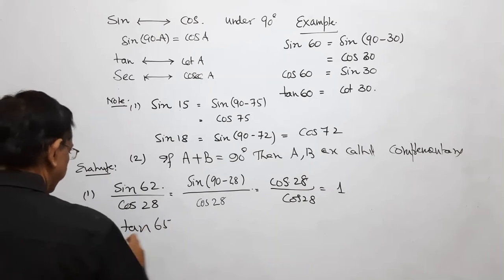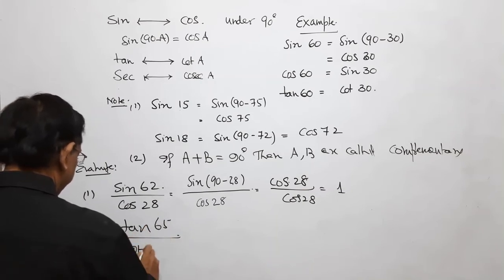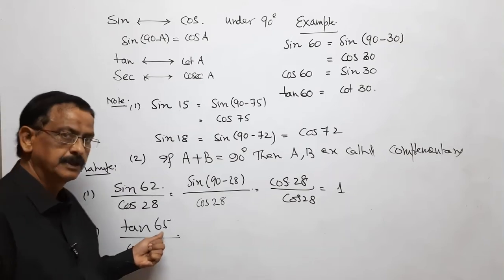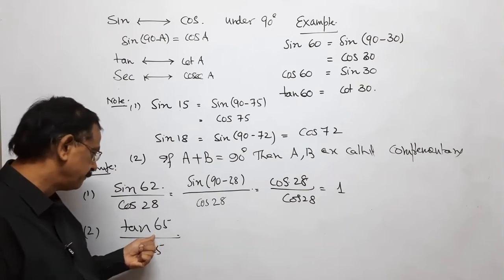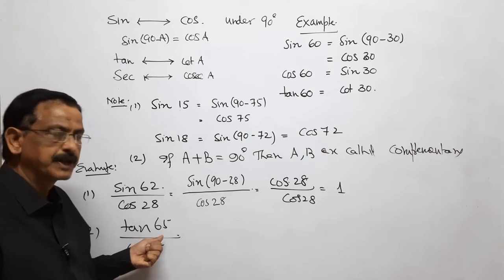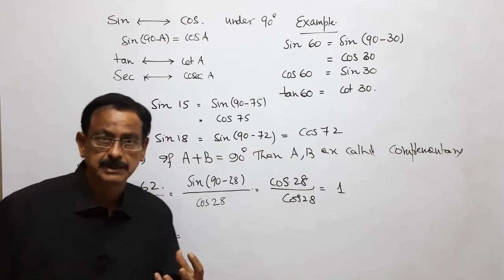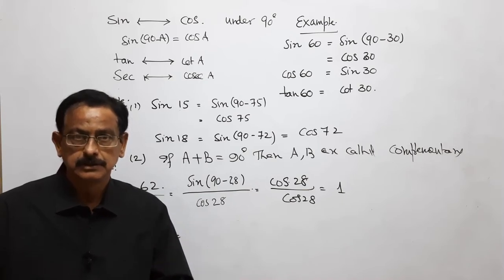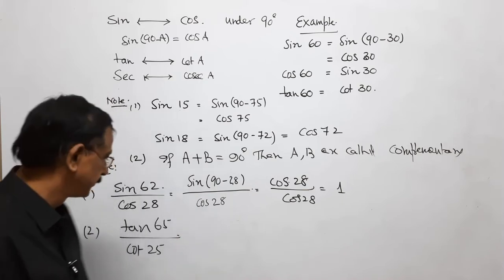Tan 65 by cot 25. Look at this. You may not know the value of tan 65, because you know only some certain standard angles like 30, 45, 60 and 90.